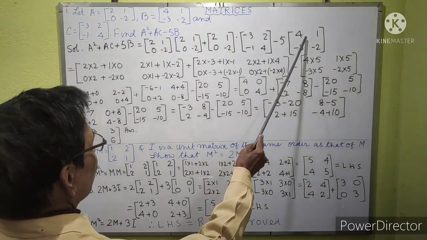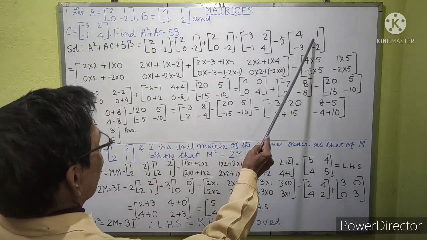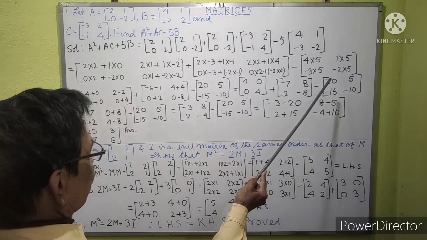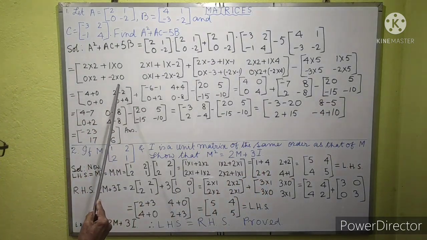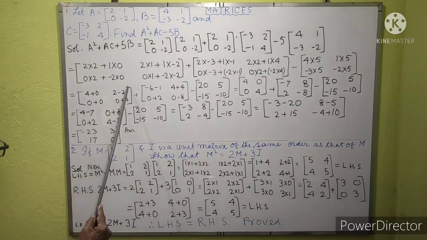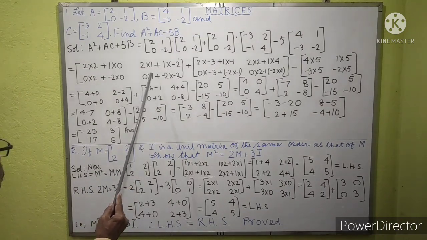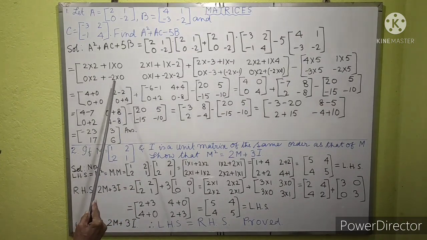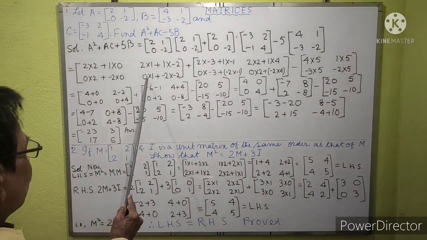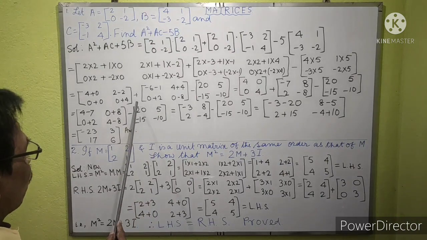And this is 5 into B, that is 5 into 4, 5 into 1, 5 into minus 3, and 5 into minus 2. So multiplying these, we will get 2 into 2, 4, plus 0, this is 0, and 2 into 0, 0, minus 2 into 0, that is also 0, and minus 2 into minus 2, 4.